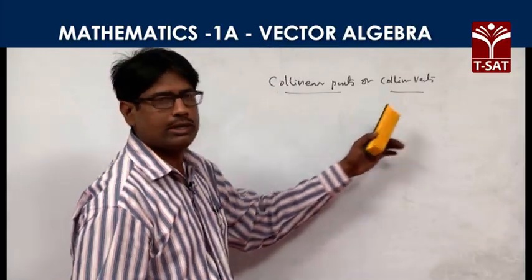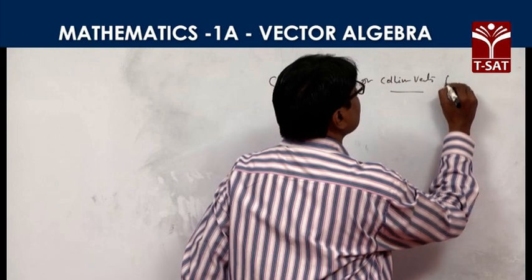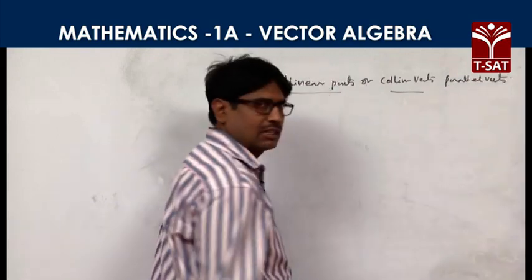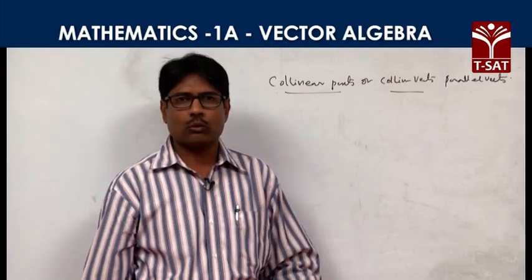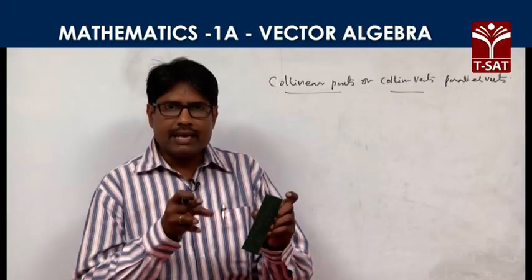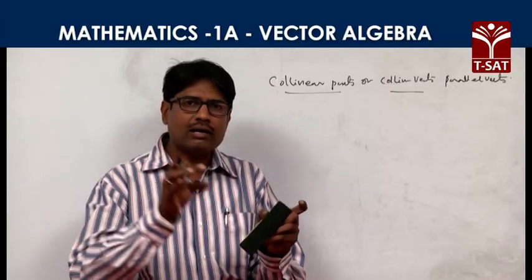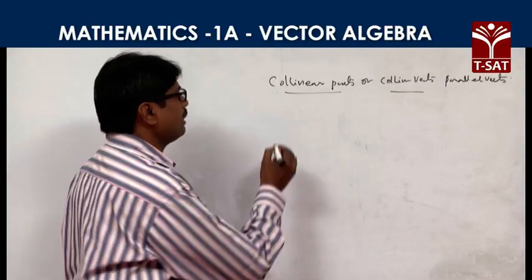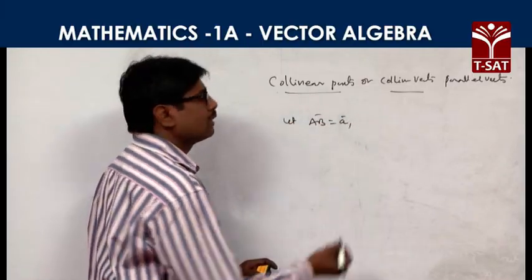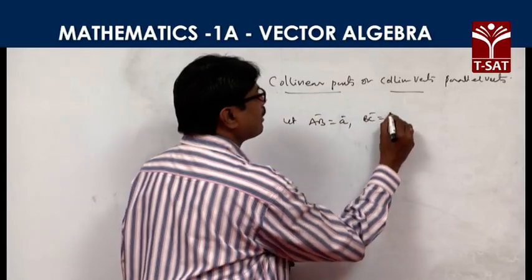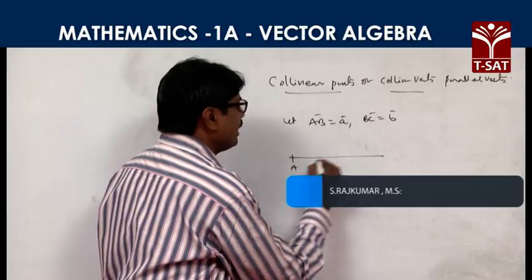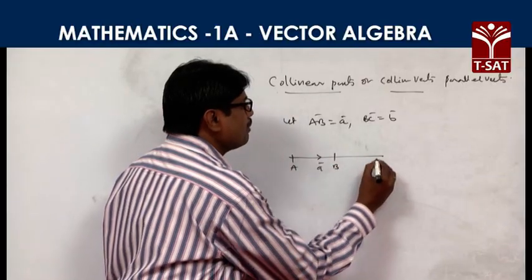Collinear vectors and parallel vectors are the same. For example, let AB bar is equal to A bar and BC bar is equal to B bar, two vectors connected by the point B.